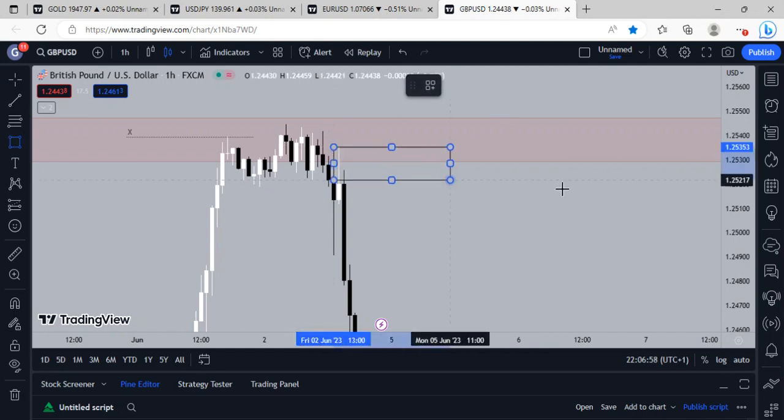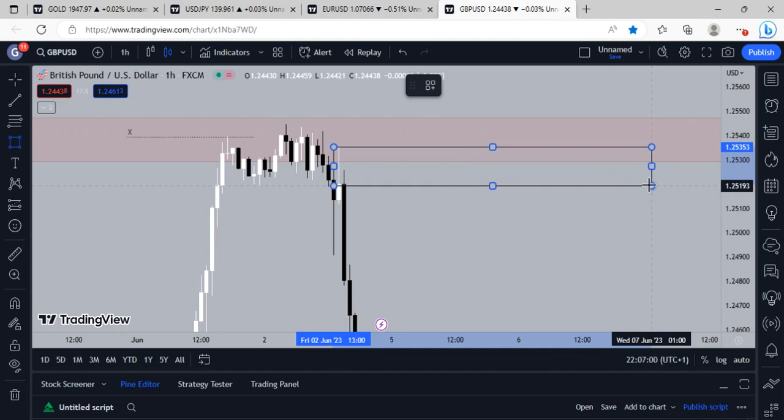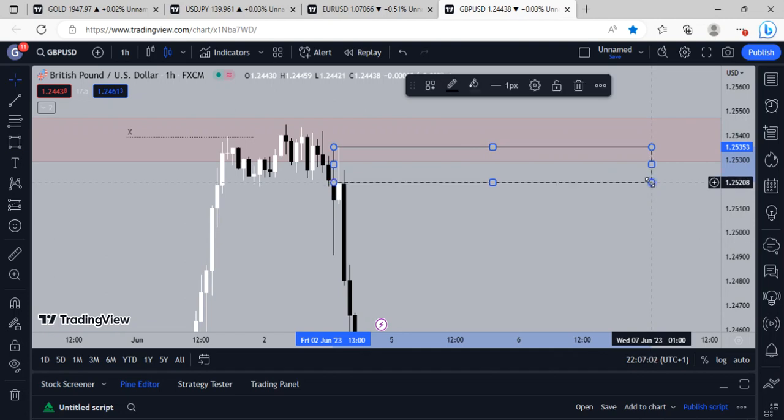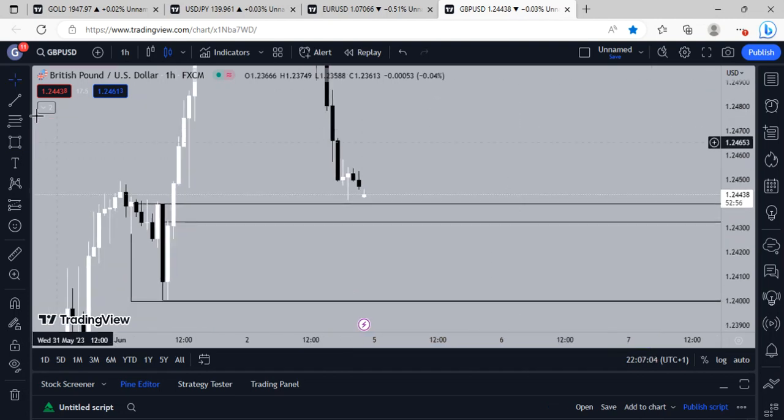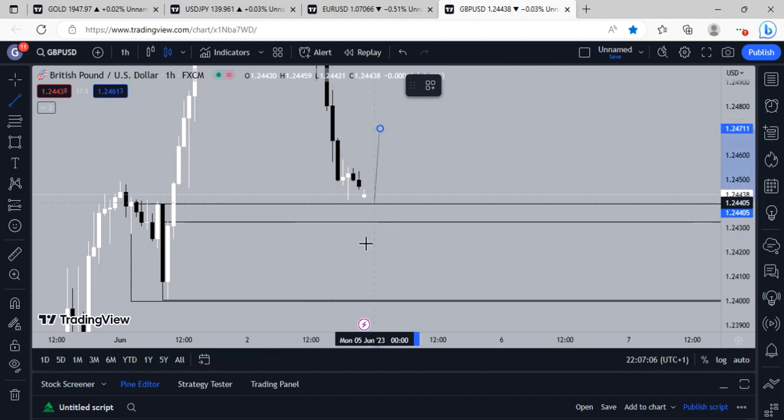And once price reaches our POI, what I'll be looking for afterwards is a CHoCH, okay? Because there needs to be some sort of break of structure, either a break of structure or a CHoCH, okay? And then we can place our inducement areas and head up to the upside, right?